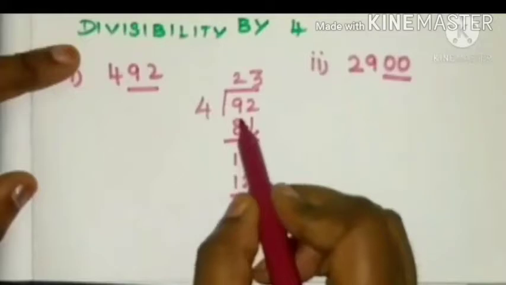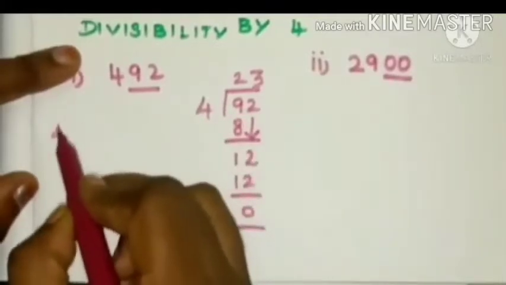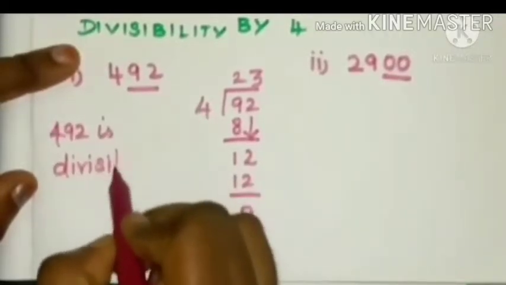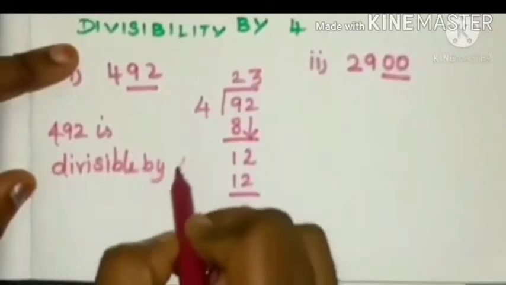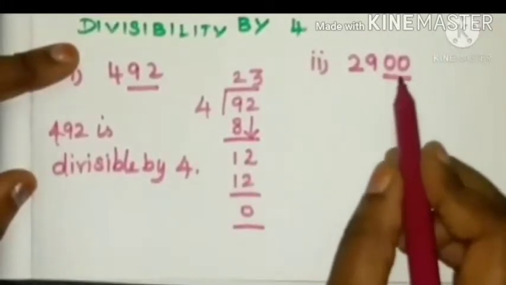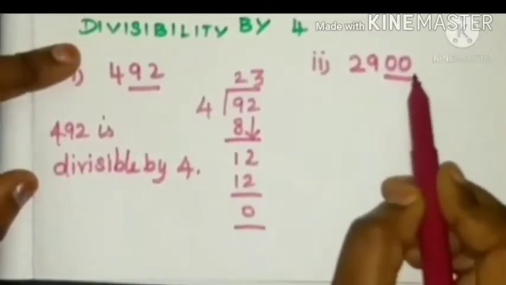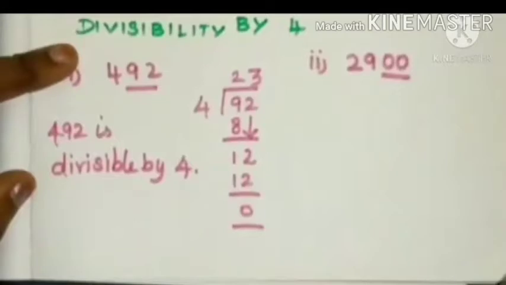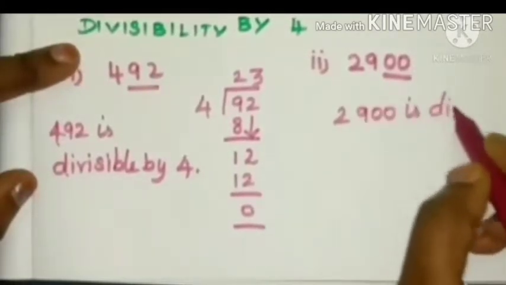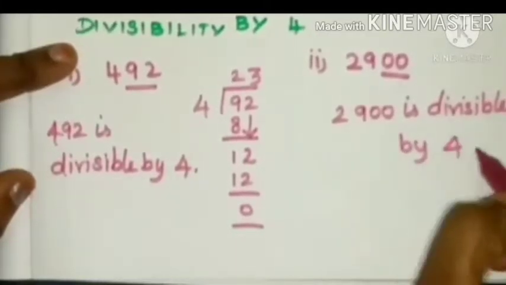So 92 is completely divided by 4. So 492 is divisible by 4. Then let's check for 2900. As you already know that if the last two digits of a number are zeros, then also it is divisible by 4. So 2900 is divisible by 4.